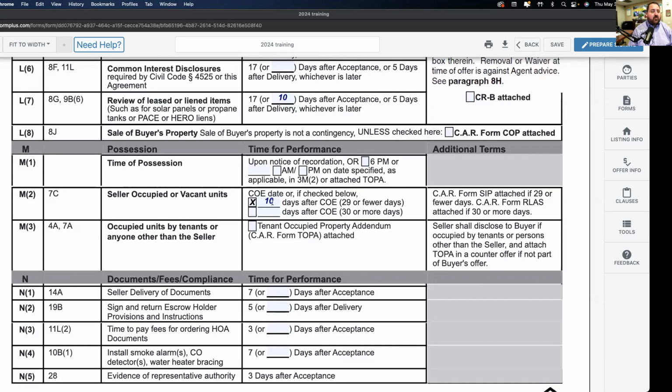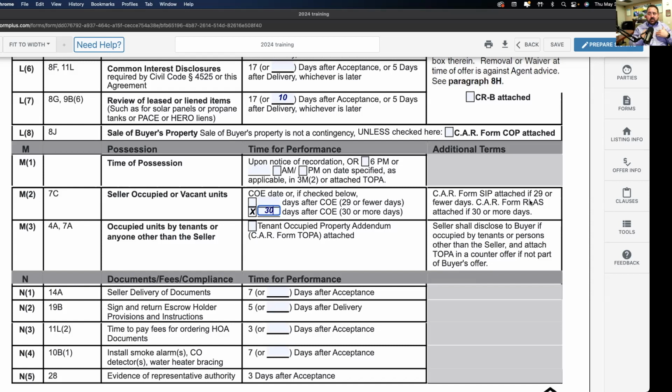SIP is good for 29 days. Once I move to day 30 of the seller remaining in possession, I have to go down here to the RLAS. The RLAS is the residential lease after sale. So again, understanding your forms and how things work helps in your strength of offer when I'm writing it.